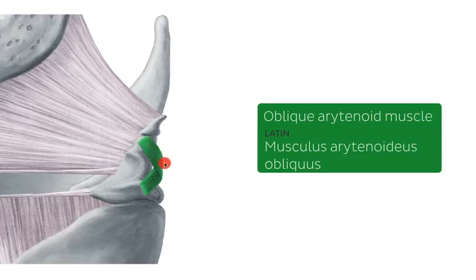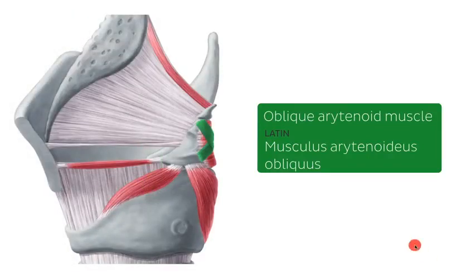As you see, the other portion that comes from the other side is now inserting here on the apex of this arytenoid cartilage. Also notice in this image that the oblique arytenoid muscle lies on the surface of the transverse arytenoid muscle.